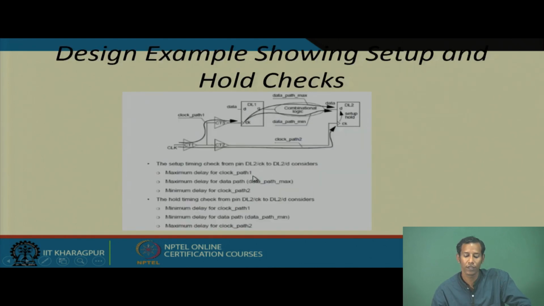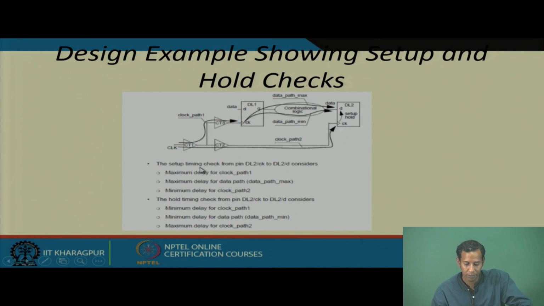So, in this example, how can we check in timing analysis tools, or using some mathematical modeling, what is the setup time requirement, or what is the hold time requirement. Suppose we are having some design configuration something like this.